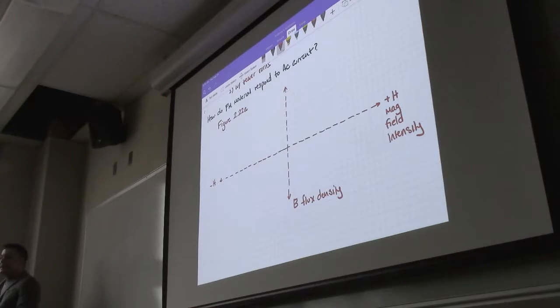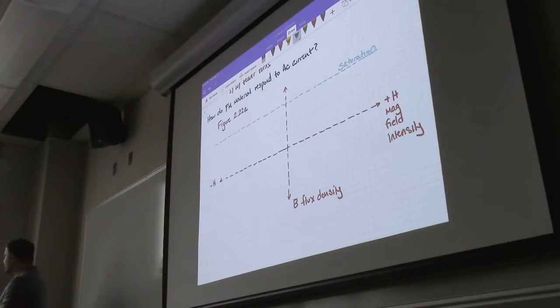And so ferromagnetic material is subject to saturation. So what we'll see here is that with regard to flux density, we will have saturation values. So up here, this is the saturation of the ferromagnetic material.